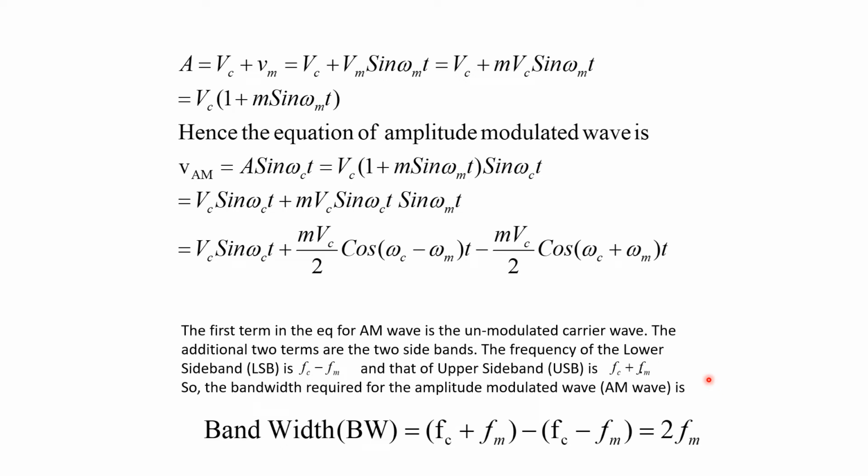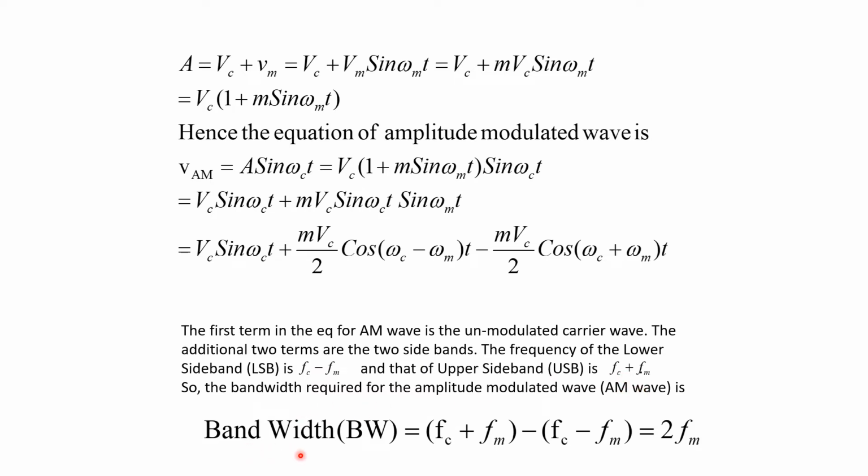Therefore, in the pure carrier wave, the frequency was Fc. In the pure modulating wave, the frequency is Fm. But when these two waves are combined to form the amplitude modulated wave, additional frequencies are added to them.